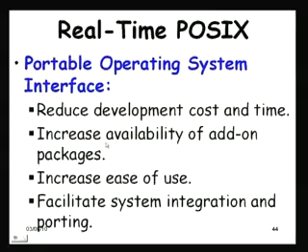Later I will ask you how, once we look at the real time POSIX standard, this will lead to reduced development cost and time, how it will increase the availability of packages, how it will increase ease of use, how it will facilitate system integration and porting. So, just have these questions in mind, because I am going to ask you after we look at the POSIX features how these occur, how these happen.